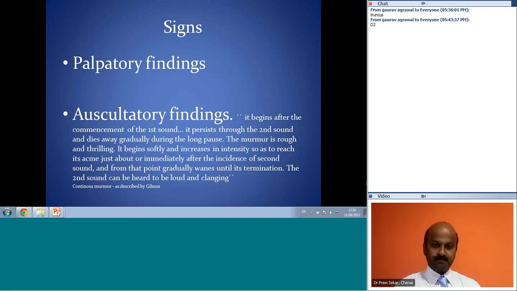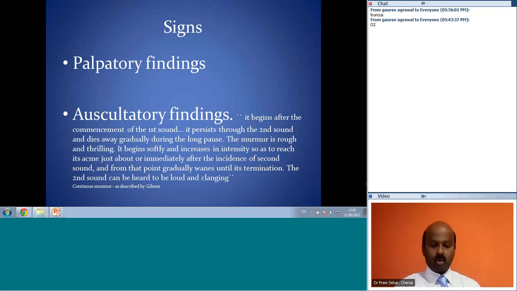In addition to the classical continuous murmur, a couple of other murmurs have been described. The second one being what's called the abbreviated murmur, which is pretty much like the classical continuous murmur, but it fades away quite abruptly after the second heart sound. So the systolic component is more prominent with a very insignificant diastolic component.